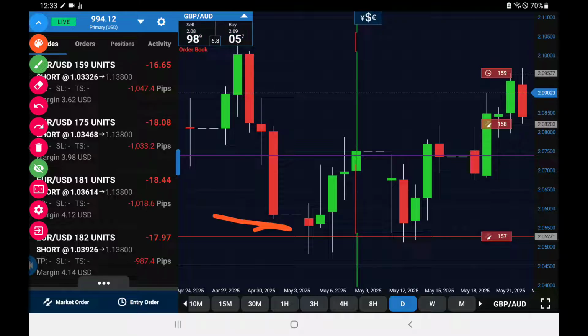From the standpoint of volume and liquidity, the British pound Australian dollar market is not that great. It's one of the slowest markets I've worked with. From the standpoint of transitioning to a live market from a demo market, it is wonderful.